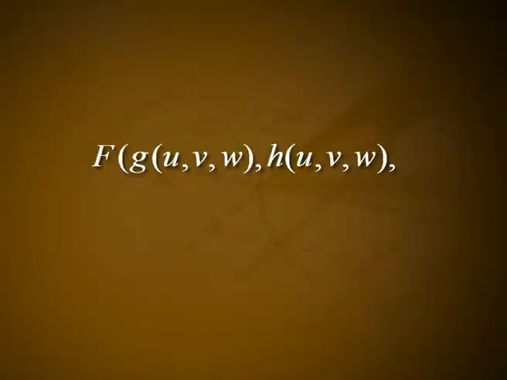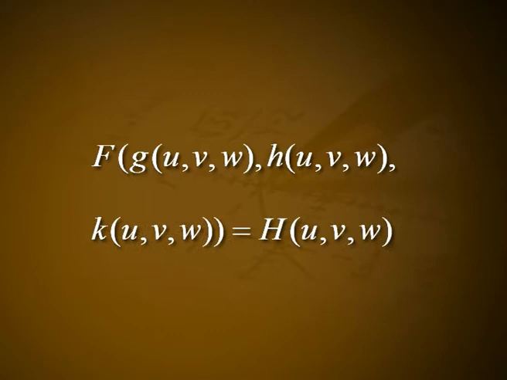Then any function f(x,y,z) defined on D can be thought of as a function f(g(u,v,w), h(u,v,w), k(u,v,w)) equals H(u,v,w) defined on G.